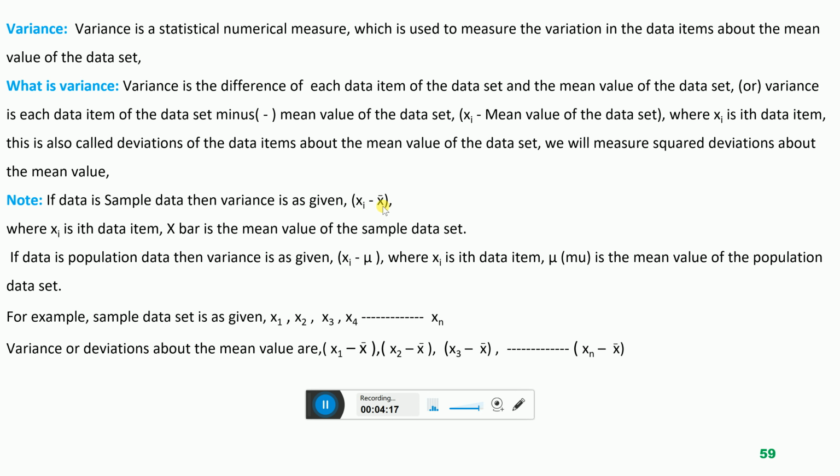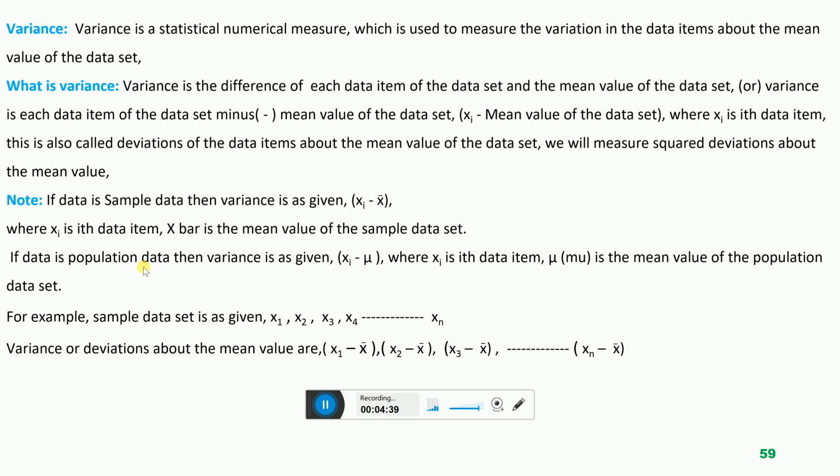So the difference of each data item and the mean value is called variance or deviation of the data set. Xi is the ith data item, meaning any data item of the data set. X bar is the mean value of the sample data.